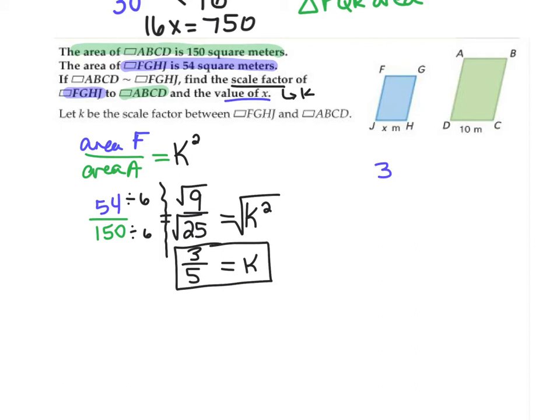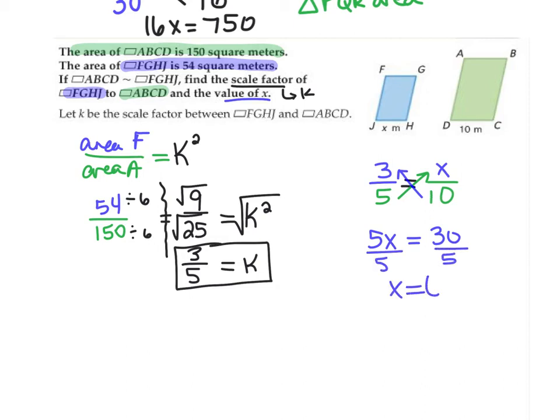I'm going to say 3/5 equals our missing side length x over 10. Now we multiply, so we get 5x equals 30. When you divide by 5 on both sides, we get x equals 6. So x here on this shape would be 6.